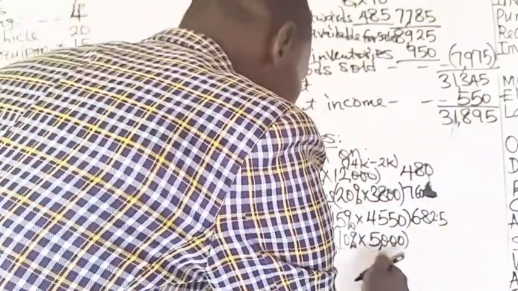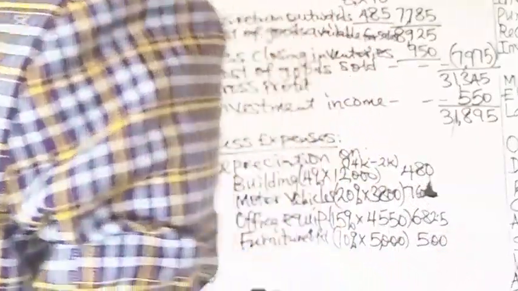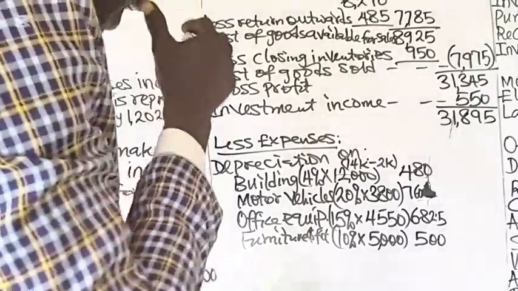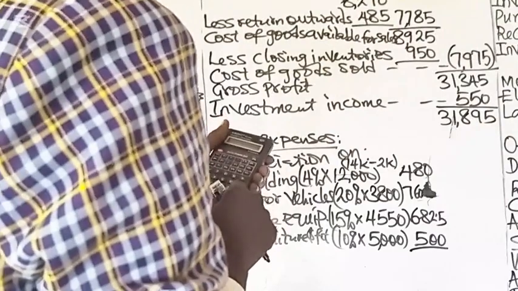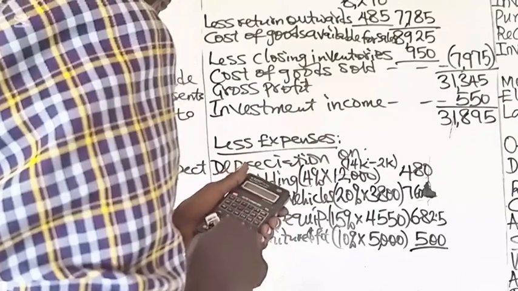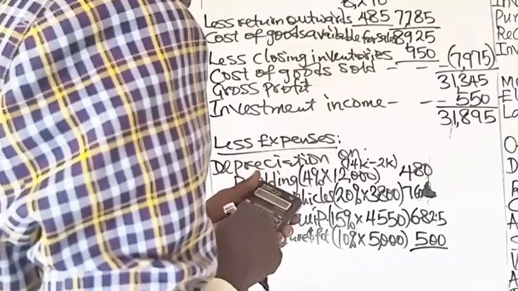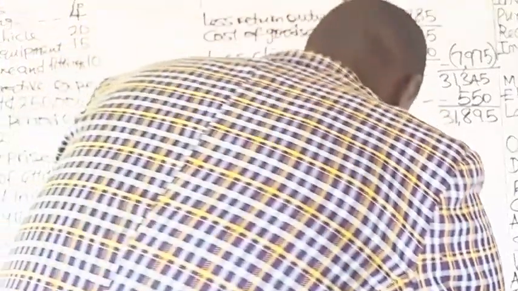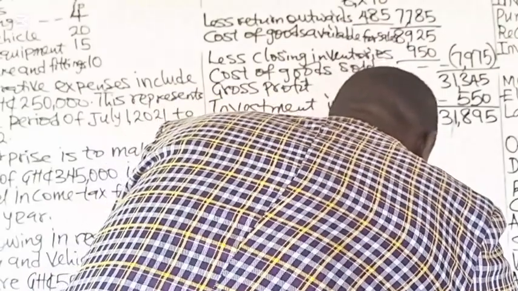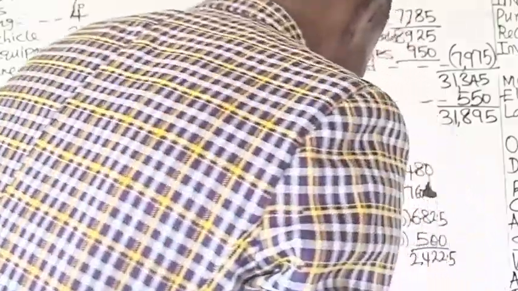Then 10% of 5,000 is 500. So these are the depreciation charges in the year. The total depreciation charge in the year, if you add it, is 2,422.5.